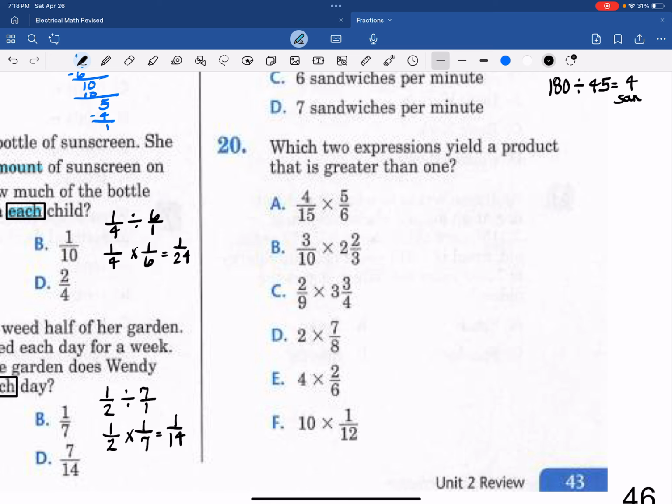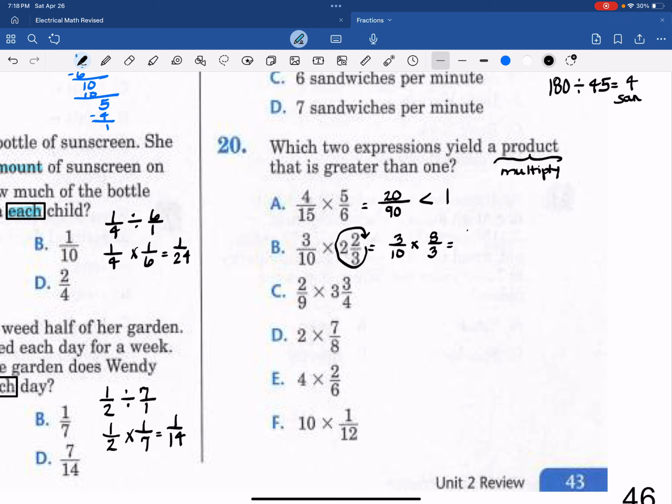Which 2 expressions yield a product that is greater than 1? Product means multiply. So 4 times 5 is 20. 15 times 6 is 90. And that is less than 1. So that's not it. 3/10 times, gotta get an improper fraction there. 3 times 2 is 6, plus 2 is 8/3.